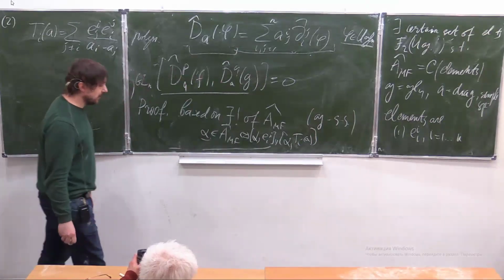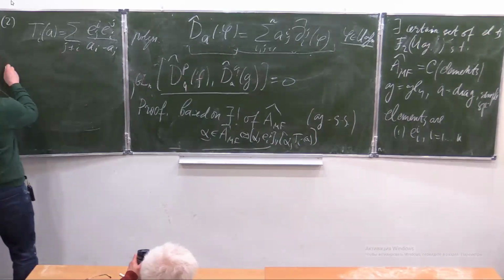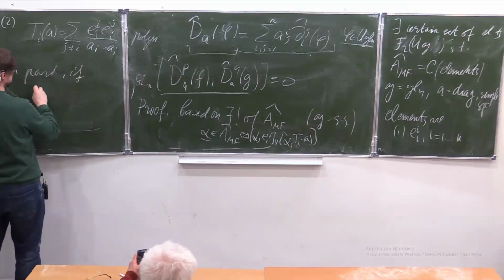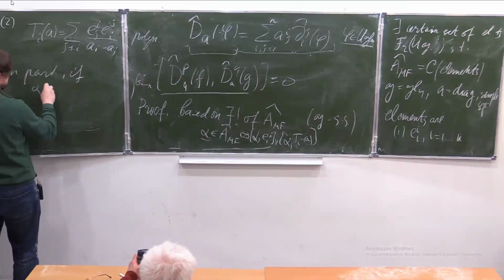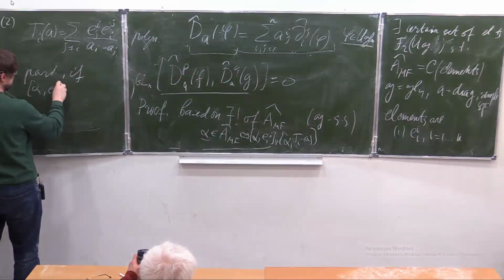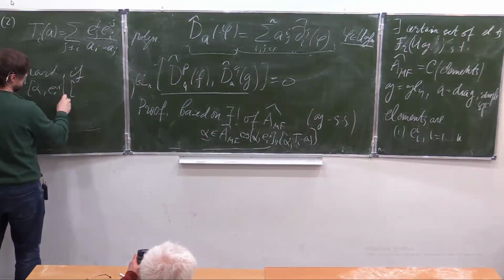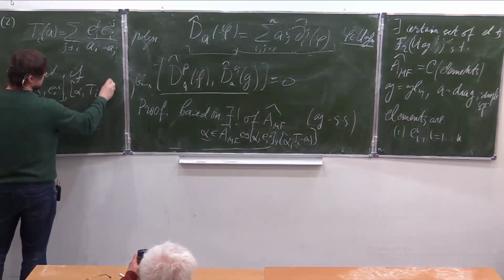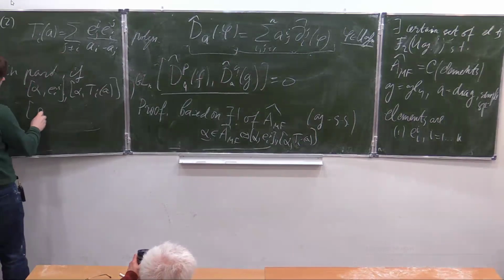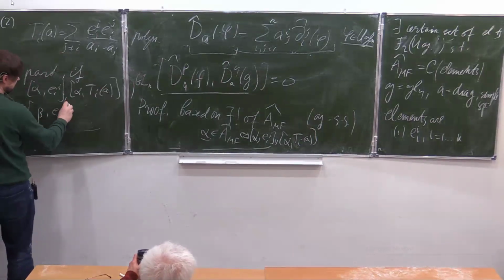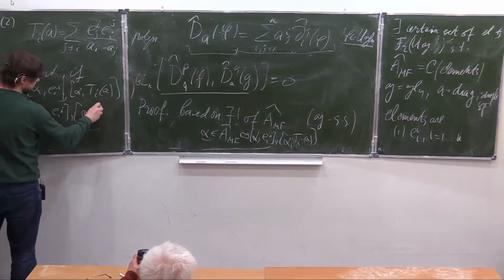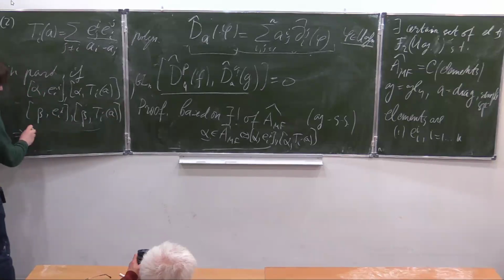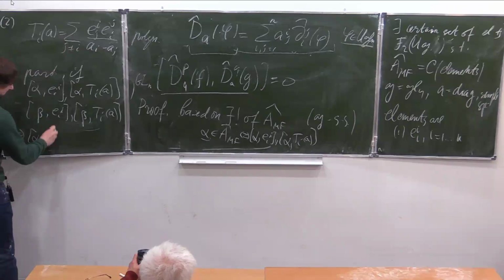In particular, if alpha commutes with E_ii, alpha commutes with T_i, and beta commutes with E_ii, and beta commutes with T_i(A), then alpha commutes with beta.